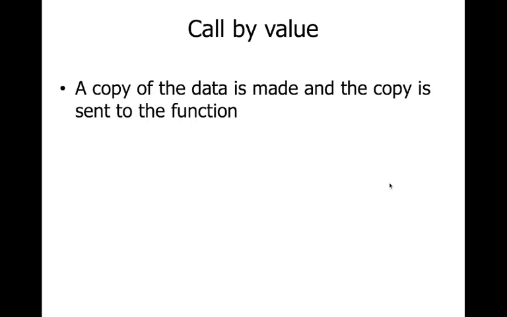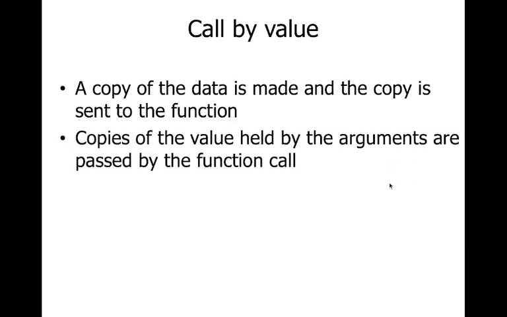So call by value. In call by value, a copy of the data is made and the copy is sent to the function. So when we call from the main function, a copy of the data is made and this copy is sent to the function. So copies of the value held by the arguments are passed by the function call.